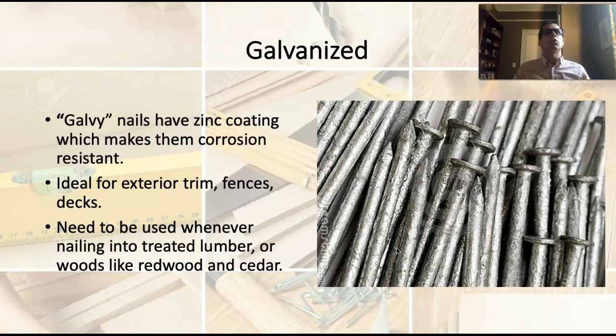And then the thing with the treated lumber, if we're nailing into pressure-treated lumber, it's interesting. We're using galvanized nails to prevent the galvanic process from occurring, okay? I mentioned before when we talked about pressure-treated lumber that they inject the wood with a bunch of poison, essentially, okay?